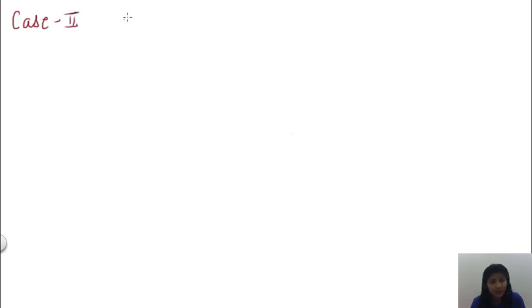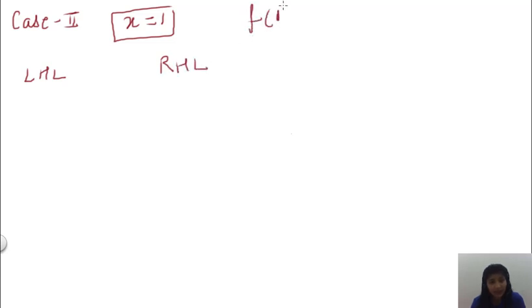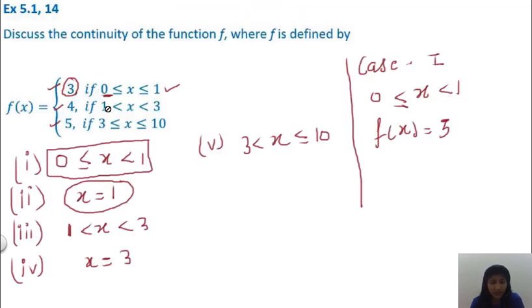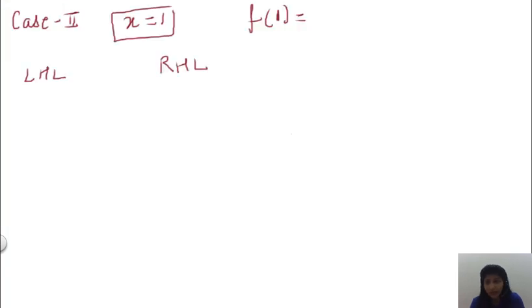In case 2, x equals 1 we have to check. So I will write LHL, I'll write RHL, and we will find the function value at x equal to 1. Let us go back to the previous page. I see that at x equal to 1 the value of the function is 3. So I will write on the other sheet that f of 1 is 3.